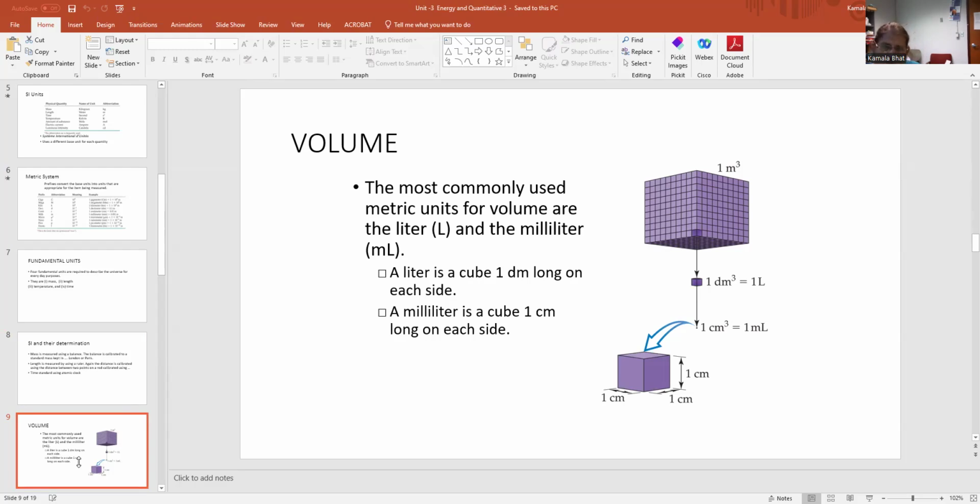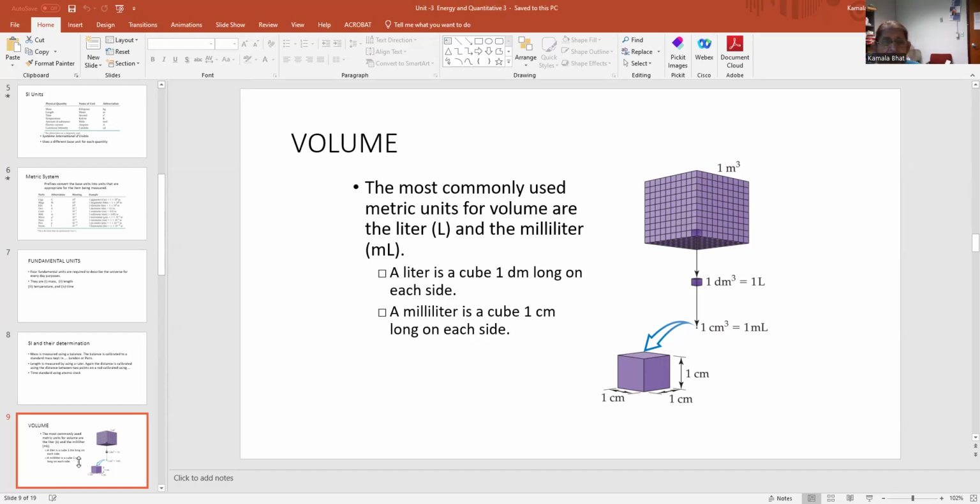So the volume of 1 decimeter cube is 0.1 raised to the power 3. If 1 decimeter is equal to 10 centimeters, then 1 decimeter cube, which is 1 liter, is equal to 10 times 10 times 10 centimeter cube, which is equal to 1,000 centimeter cube.